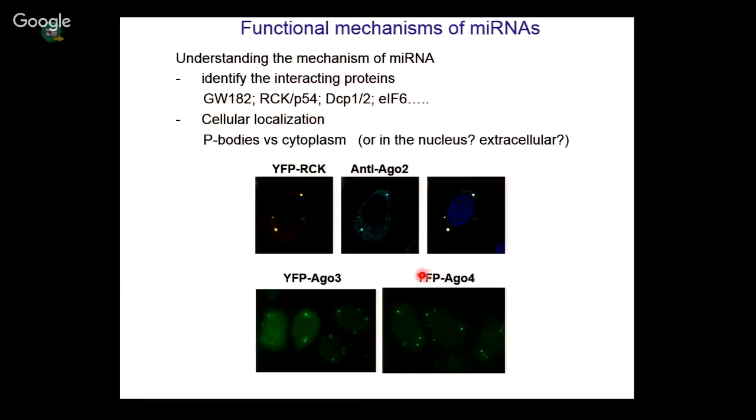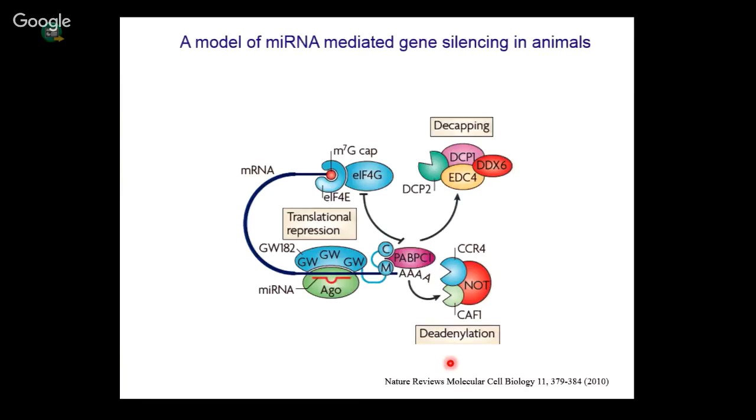And I'm sorry, it could probably be not clear enough. Here showing the AGO2 signal, and also AGO3 and AGO4, all localized at the P-body. So now the current model of microRNA-mediated gene silencing in animals contains many molecules, many proteins.